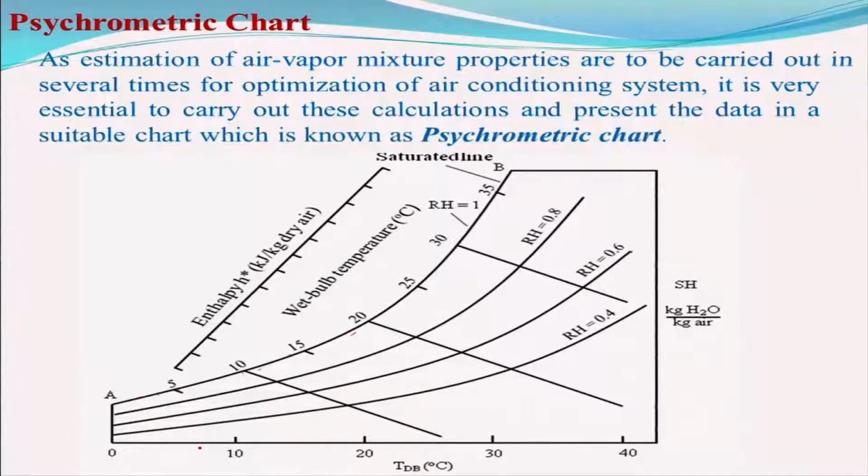This scale shows the enthalpy of the moisture, that is kilojoule per kg of dry air. The specific volumes and other things are also given. Let me just show you, to illustrate this point, these are all given together in a plot, and that we call a psychrometric chart.